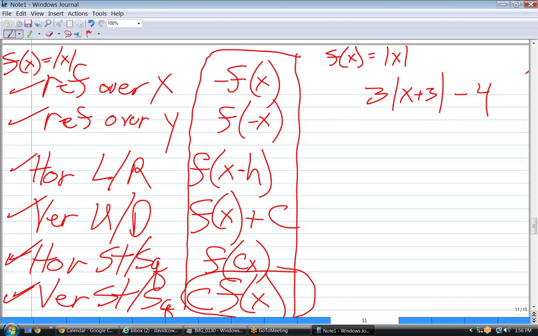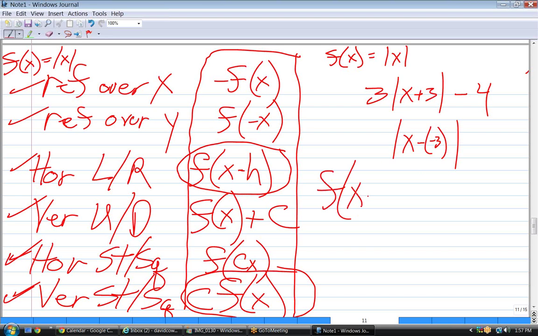This is a negative h. This is the same as x minus a minus 3. Remember, we're using this right here as our general form. It has to be f of x minus h. Well, if I were to write this, I would write f of x plus 3.